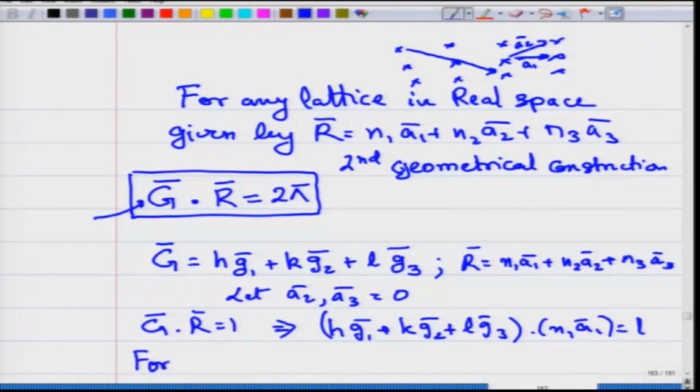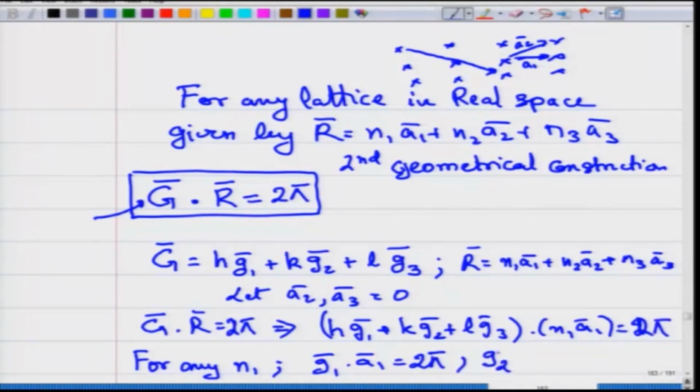For any arbitrary value of n1, this condition can be satisfied by considering g1 dot a1 should be equal to 2 pi, and so the condition that g dot R is equal to 2 pi, g2 dot a1 should be equal to 0 and g3 dot a1 is equal to 0.